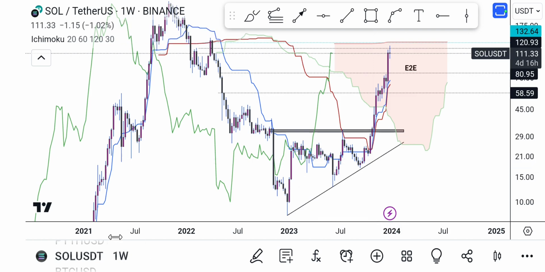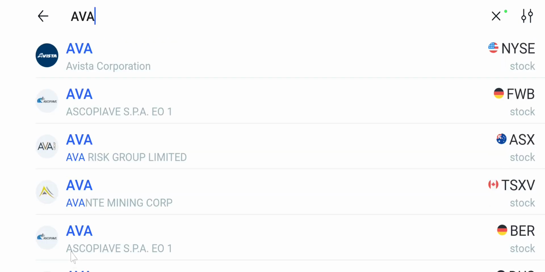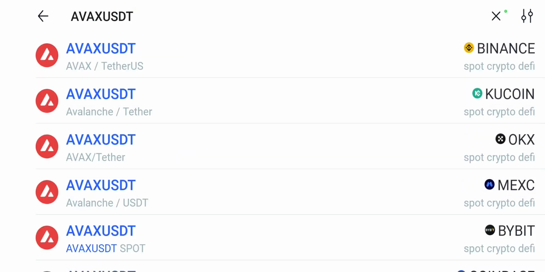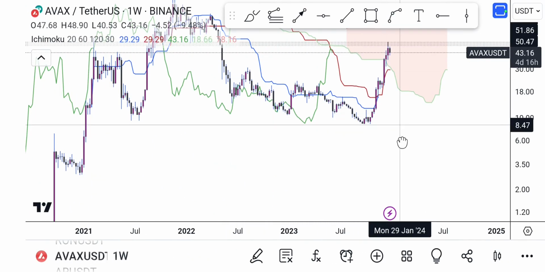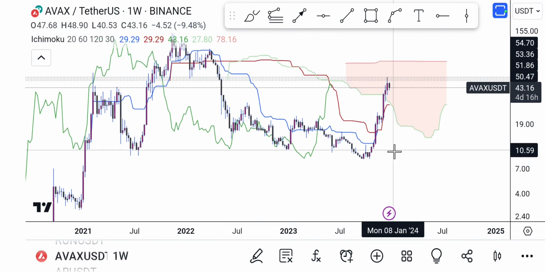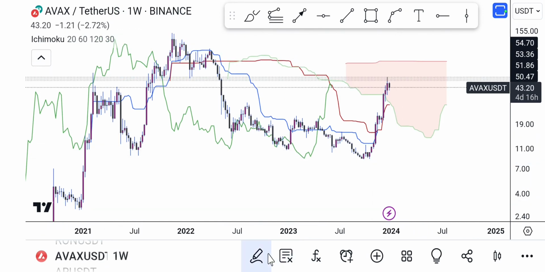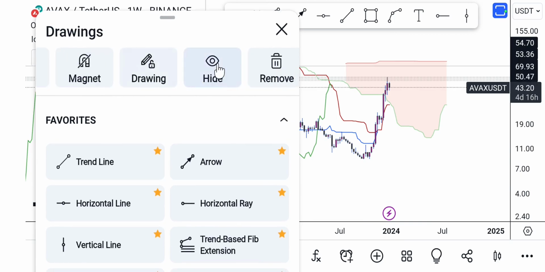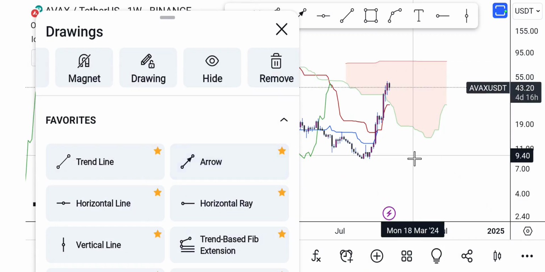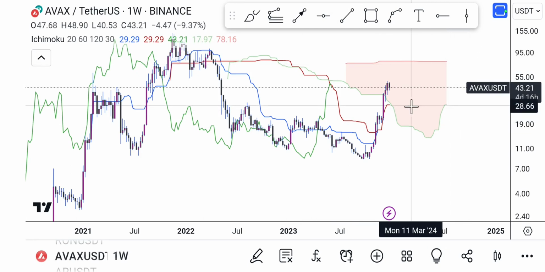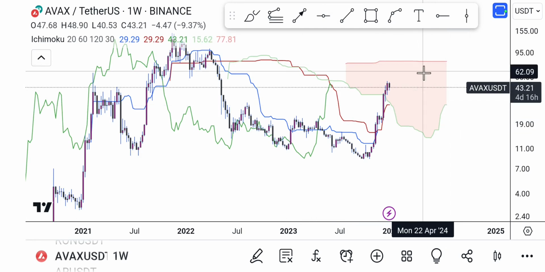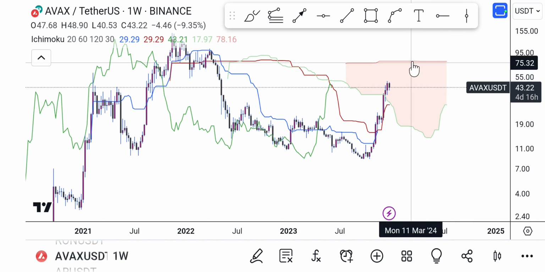Okay, so let's take a look at AVAX. AVAX too has the same thing here. It's very, very obvious. Let's remove these charts. So AVAX here, edge to edge, not completed.